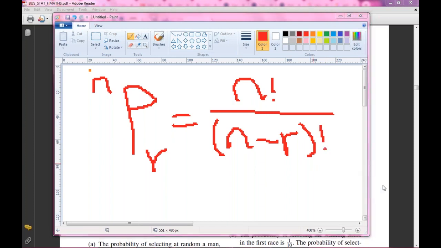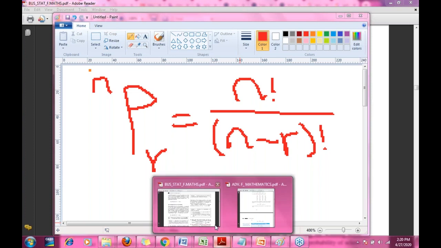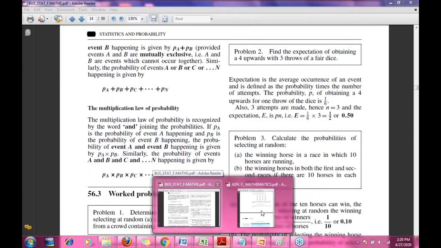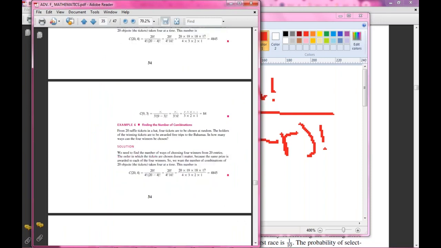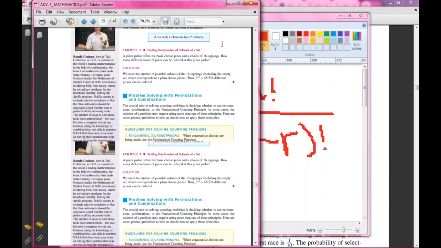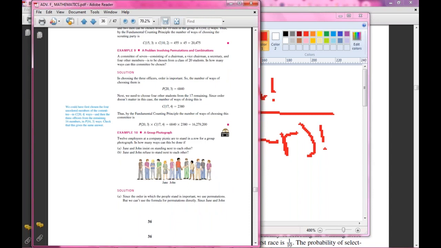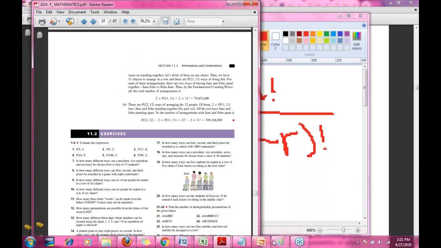That is n factorial all over n minus r factorial, where n is the total number of objects. So we are going to consider an example to understand this better.